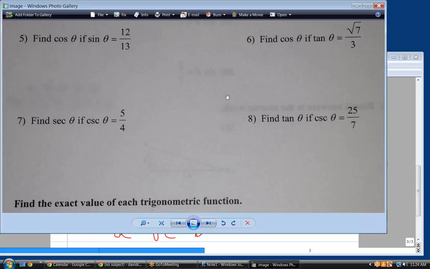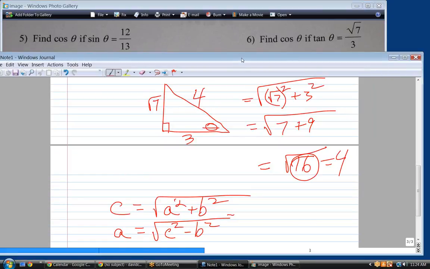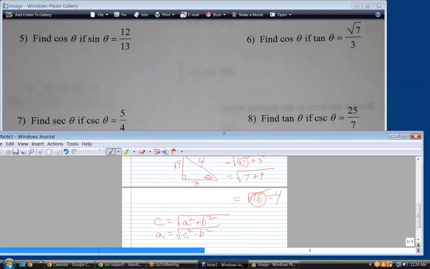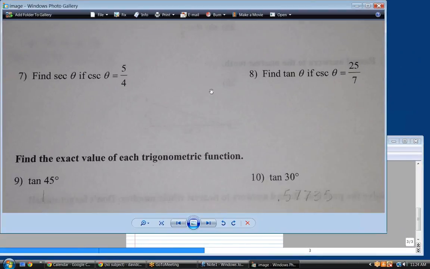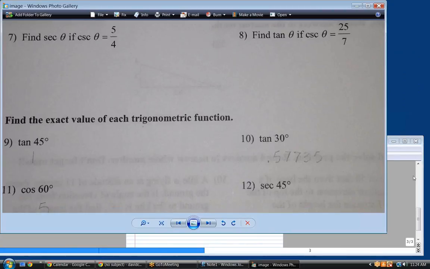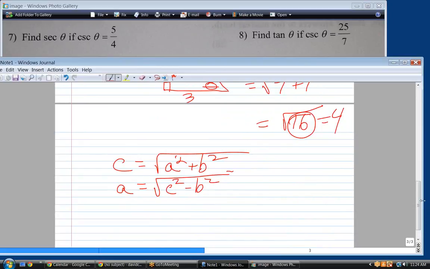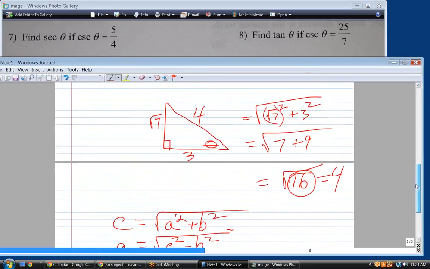All right. Let's go down to the next one here. And that's all we're going to do on all of these. Hold on. Let me move that up higher. Use the same triangle.